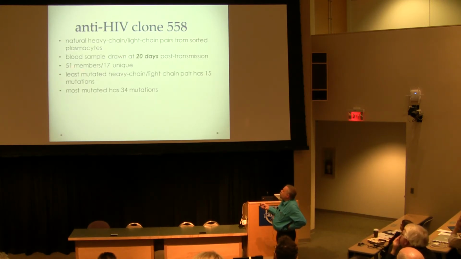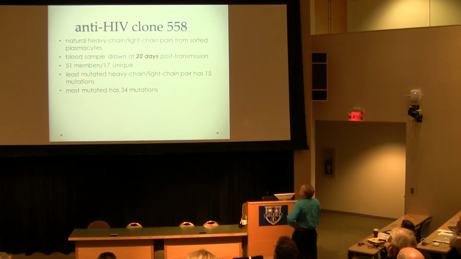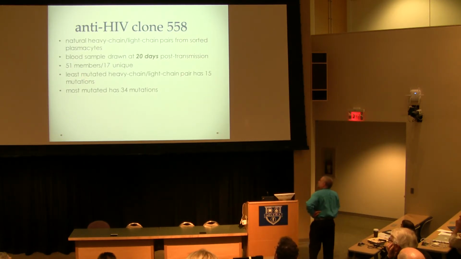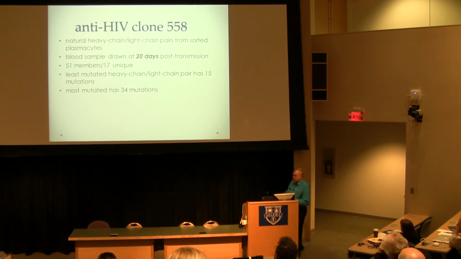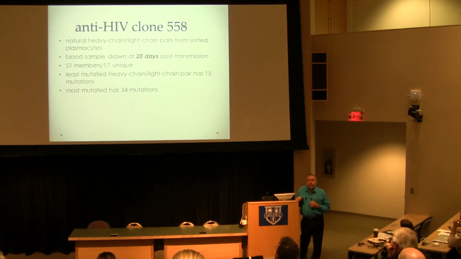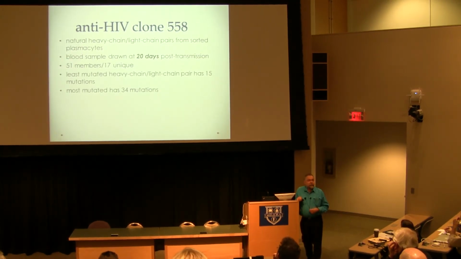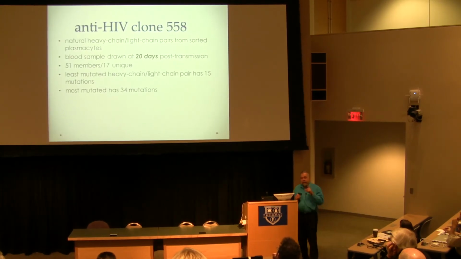There are 51 members that were individually isolated, among them just 17 unique ones, but it's still quite large. And the least mutated heavy chain light chain pair has 15 mutations, and the most mutated has 34. So again, this is a mature clone. Now, I want you to think about that too. This is 20 days post-infection, and the most mutated member has accumulated 34 mutations. Think about that, and then I'll come back to that.